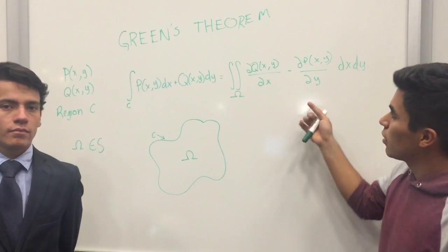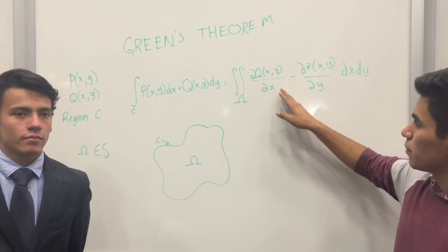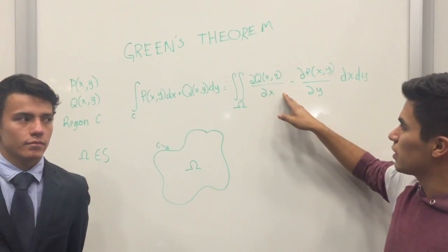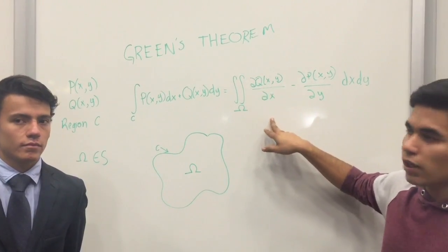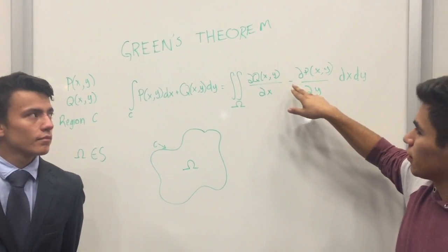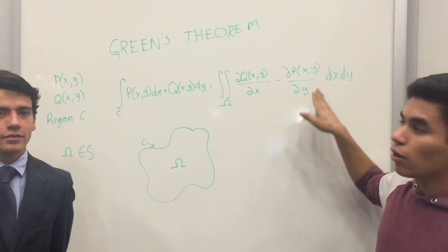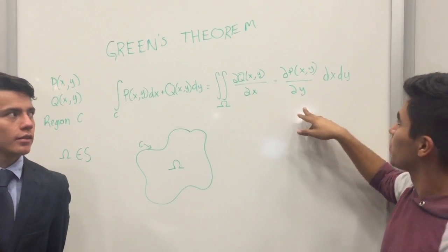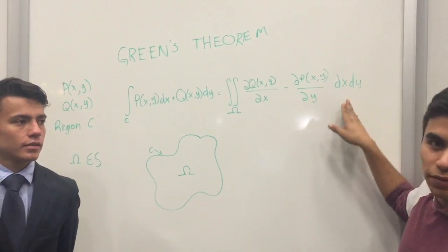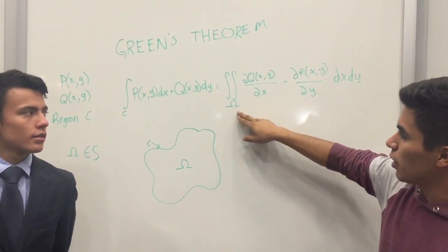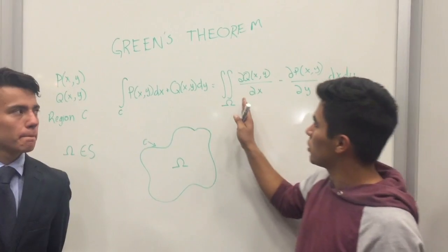And this integral is the partial derivative of Q with respect to x minus the partial derivative of P with respect to y, and the limits of integration are given by omega.